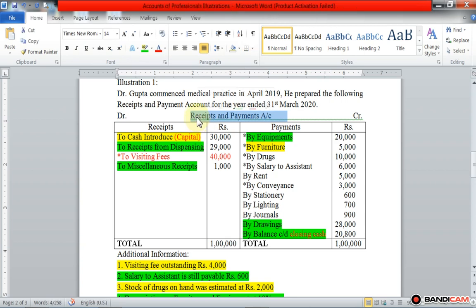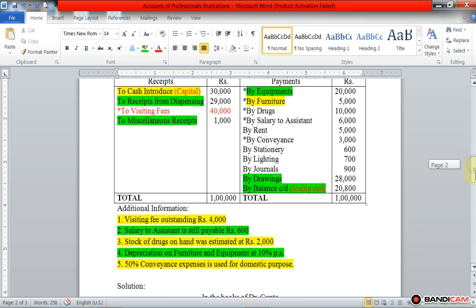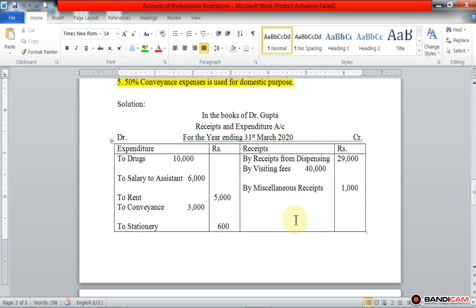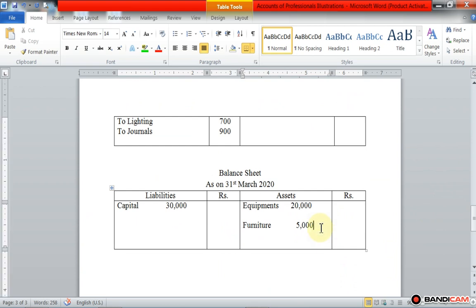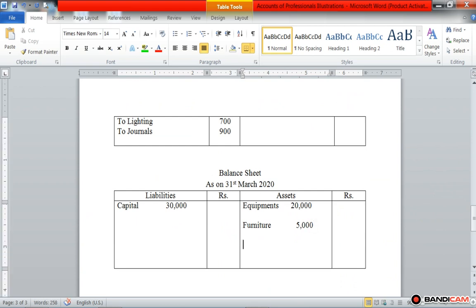Okay, receipt and expenditure account prepared for 31st March 2020, it means it is a closing cash, and closing cash is the assets of the profession. Okay, so here we put the cash in asset side of the balance sheet.